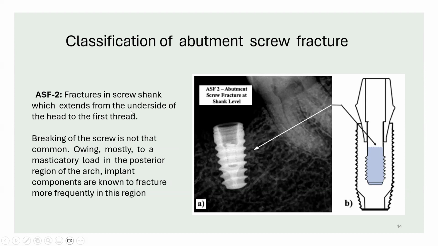So when the fracture occurs in the shank area, it's considered class 2. This one is not common because this area is not an area of stress concentration. When it happens, it's mainly due to masticatory load in the posterior region of the arch.